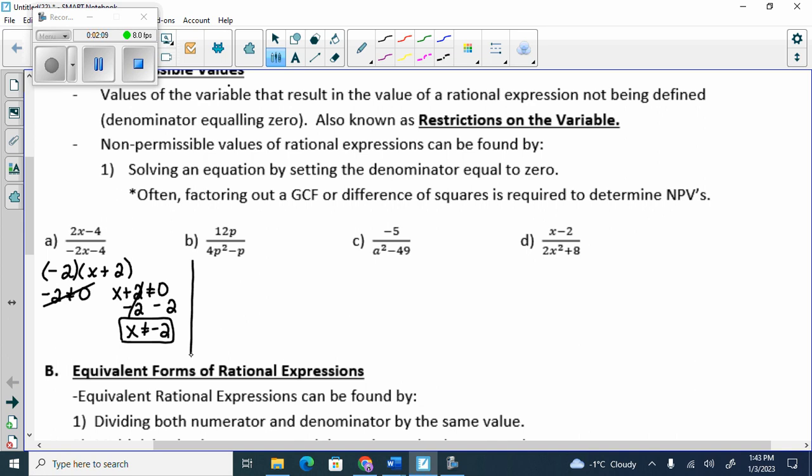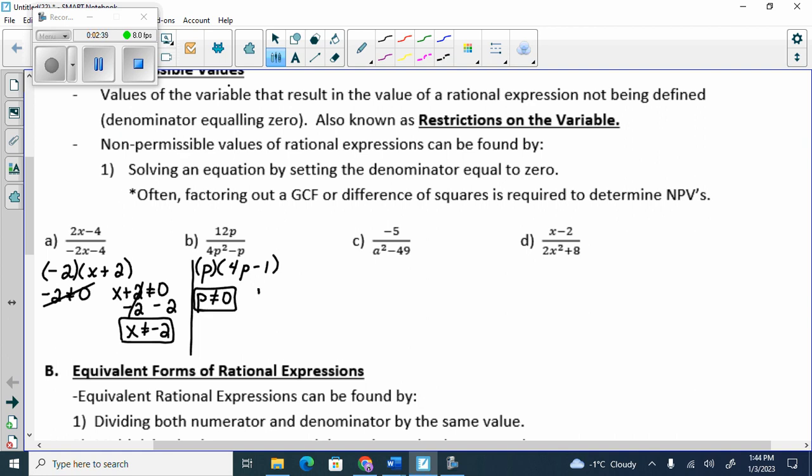All right, so the next one, I can take a p out, a GCF of a p. And then I'm left with 4p minus 1. Now, I'm not concerned with the numerator at all because all this question asked me to find is the non-permissible values. If I was concerned with the numerator, it would be a simplify or an adding, a subtracting, a multiplying. So here I'm going to get 2 non-permissible values from both of the brackets. So p can't equal 0, and that one's done.